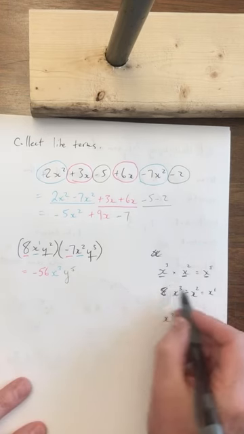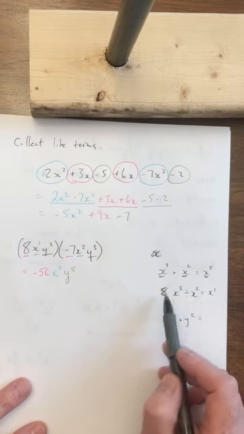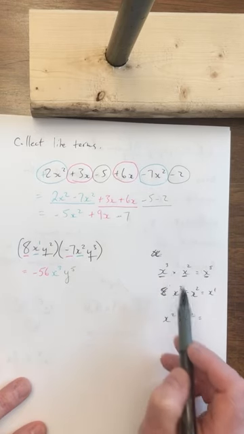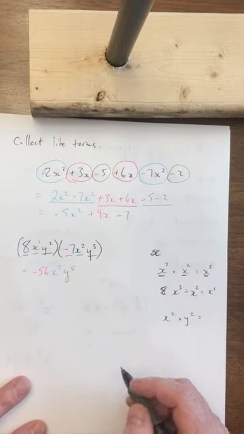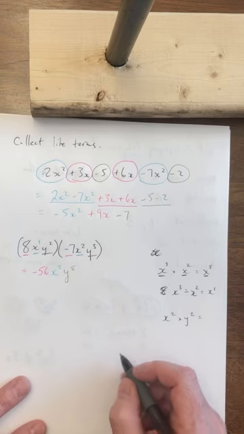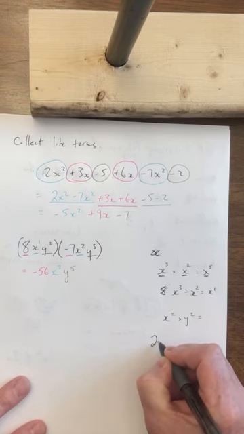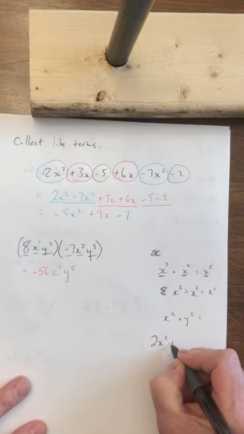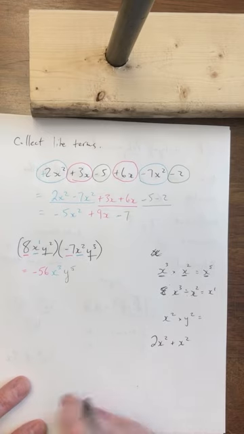Now, I just want to go back to our exponent rules here as well. These exponent rules work when we are multiplying or dividing by the same base. Of course, if we are adding or subtracting, it doesn't work that way. So if we have 2x squared plus an x squared, this is not multiplying. We are not keeping bases.